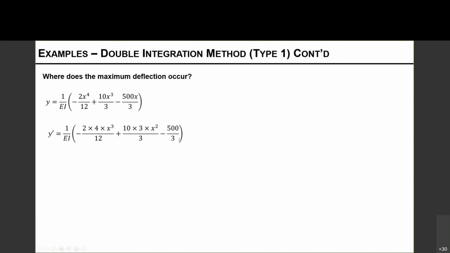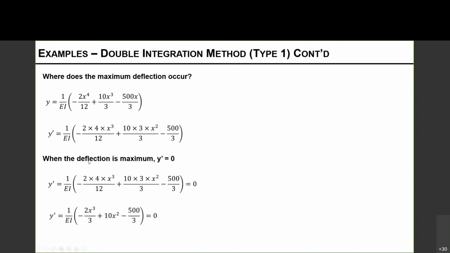This becomes a constant. To identify whether it's a maximum or a minimum, we set this first derivative equal to 0. Again, this comes from calculus principles, all right? Then if I set it to 0, my first derivative equals 1 over EI times what is leftover when I simplify these 3 terms.